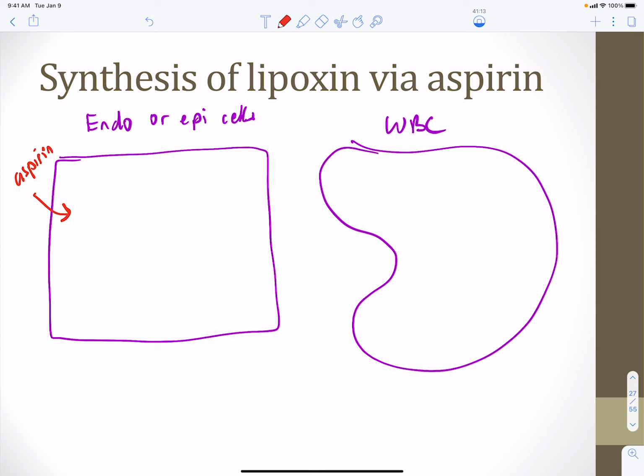Okay, and then aspirin will interact with cyclooxygenase 1. And so cyclooxygenase 1 is going to form in the epithelial cell our 15R-HETE.